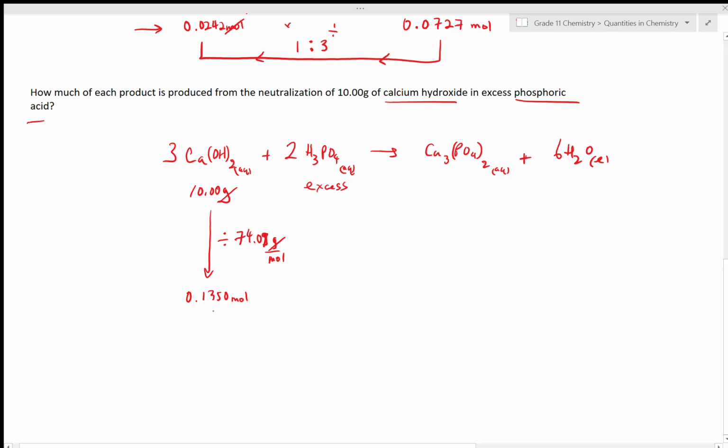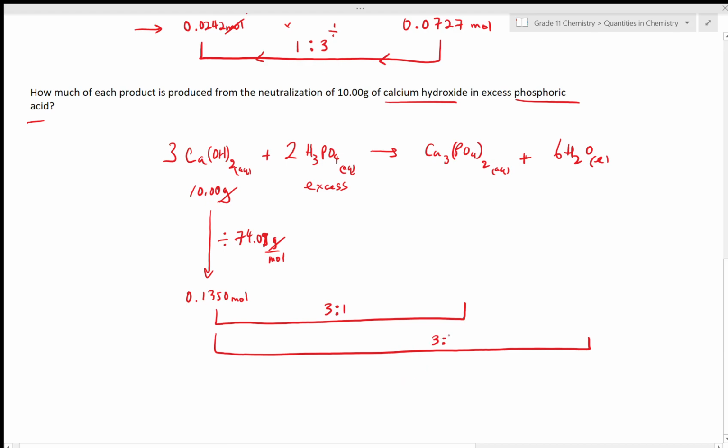So I have the number of moles of calcium hydroxide. I am going to try and figure out the amounts of both of my products. So I'm starting at 0.1350 moles of the calcium hydroxide. I want to know how much calcium phosphate. So I write down my ratio. My ratio is a 3:1 ratio. And my ratio for the second one is a 3:6 ratio.